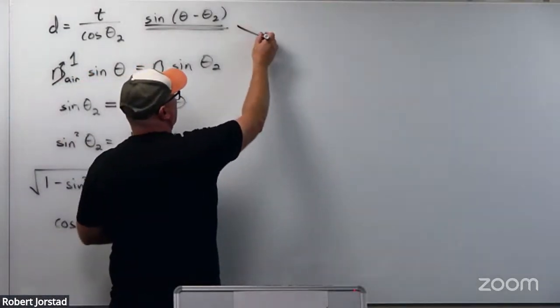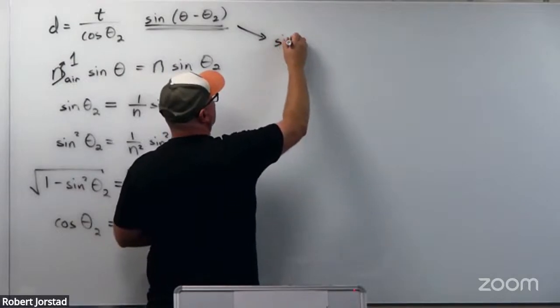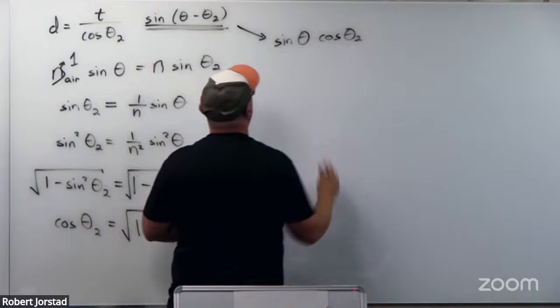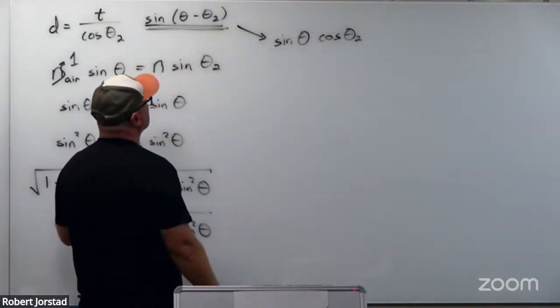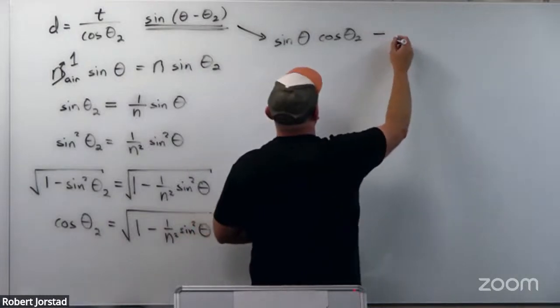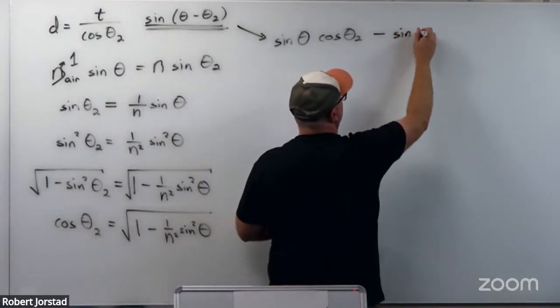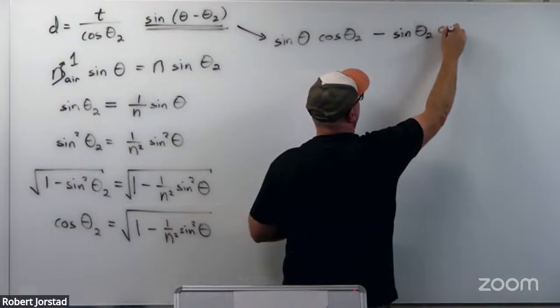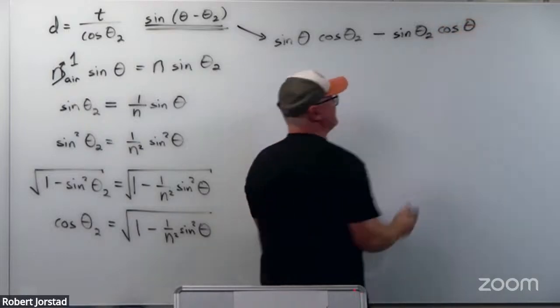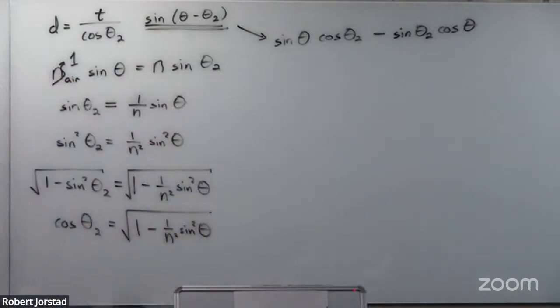A trig identity on this term says sine theta cosine theta 2 minus sine theta 2 cosine theta. I'm going to make sure I didn't screw up the trig identity really quick.